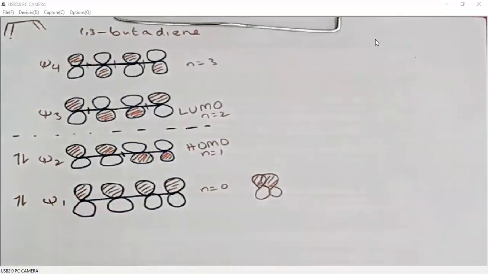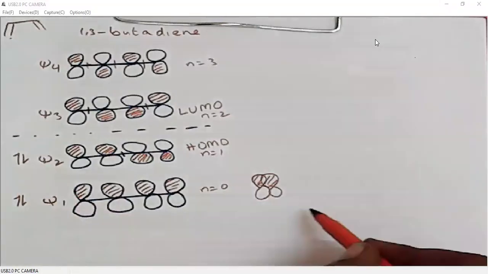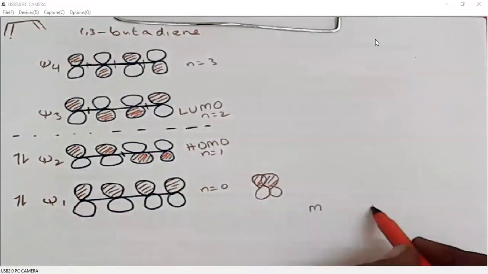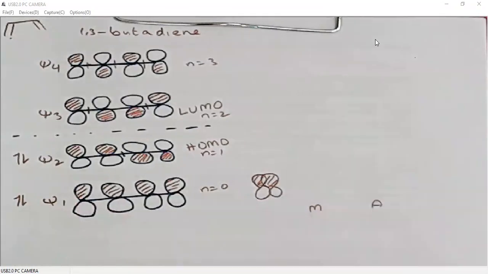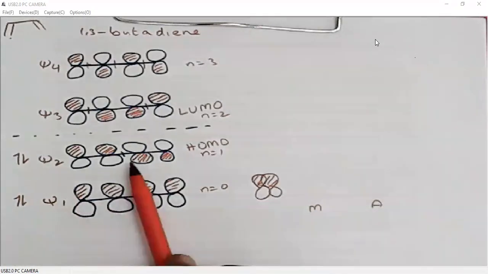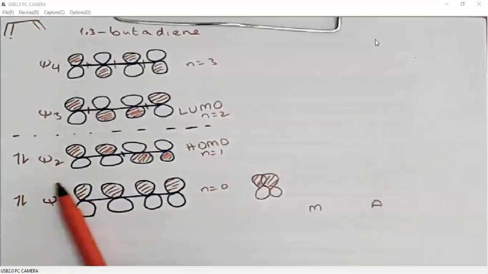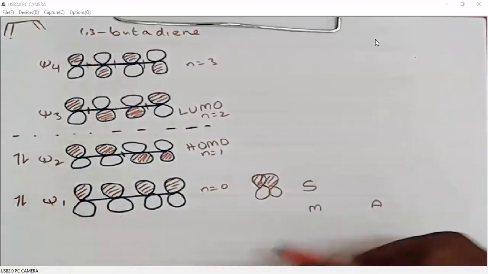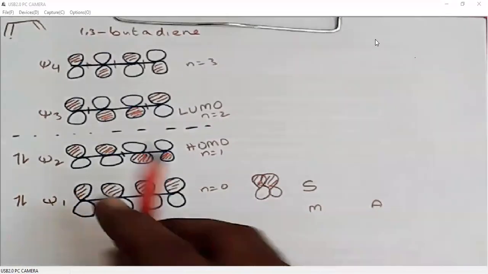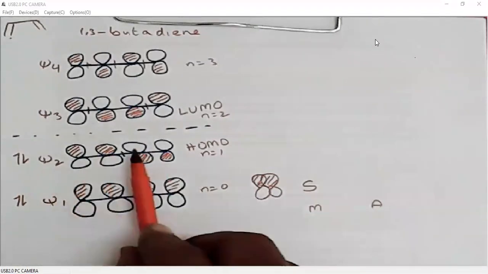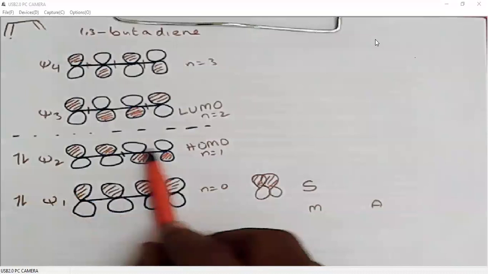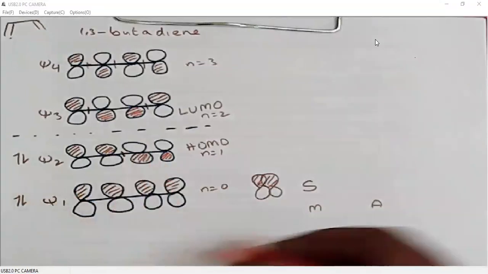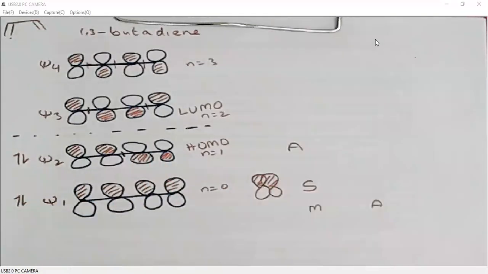Then we look at the symmetry properties with respect to the mirror plane and with respect to the axis. With respect to the mirror plane, if you have a mirror here and this side and that side are both symmetrical, it is a symmetric orbital with respect to the mirror. Positive lobes are above the bond, but here negative lobes are there, so with respect to the mirror it is an asymmetric orbital.